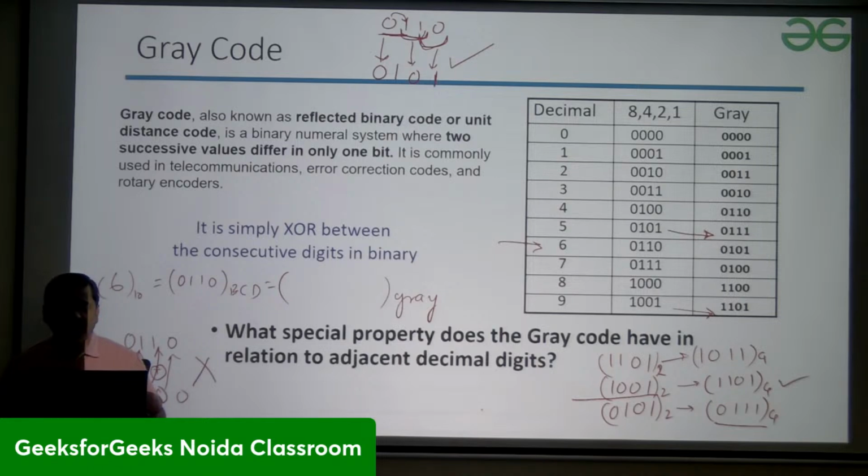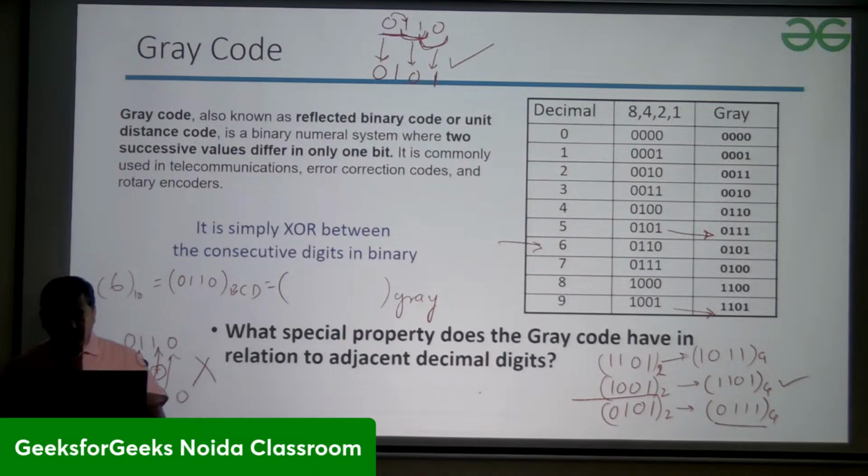Is there anyone who is not able to convert this? Anyone who has any issue with converting BCD, gray, XS3 or 8 4 -2 -1? Anyone has any doubt in that conversion? Okay, shall I proceed now? Yes, sir. All right, thank you.